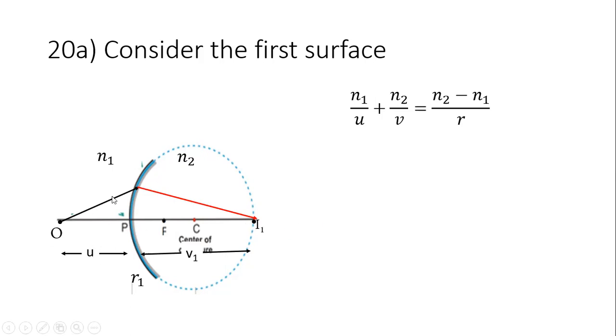It's already there, right? N1 over U, and then N2 over V. But we have to use this image V1. So U is still the same. V1 is the image by this first refracting surface, and N2 minus N1 over R1. R1 is from the center here. That's the R1.